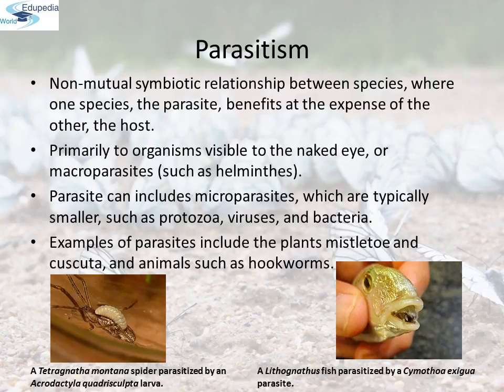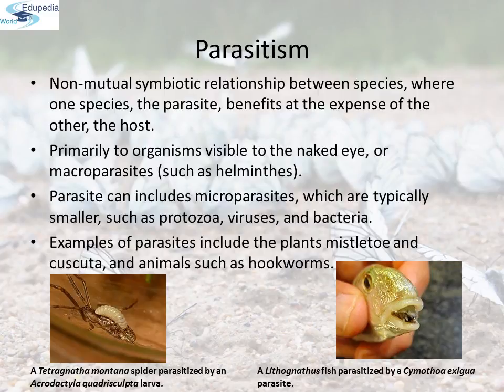Parasitism. Parasitism is a non-mutual symbiotic relationship between species where one species, the parasite, benefits at the expense of the other, the host. Traditionally, parasite in the biological usage referred primarily to organisms visible to the naked eye, or macroparasites, such as helminths. Parasites can also include microparasites, which are typically much smaller, such as protozoa, viruses and bacteria.